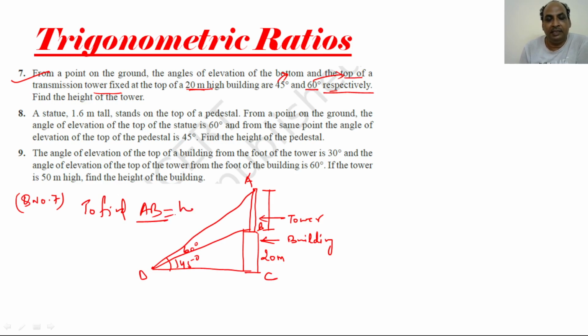We will be utilizing this 45 degree angle, 60 degree angle and the given information that BC is equal to 20 meter. So we see that AC is equal to AB plus BC, and AB we do not know, so that is H, and BC is 20.